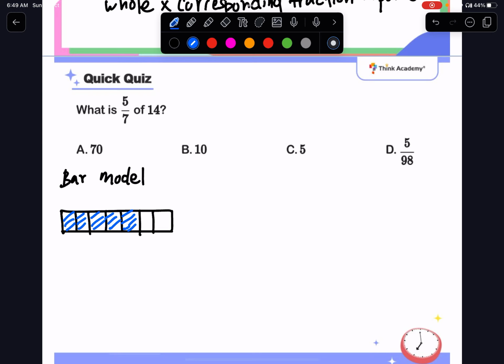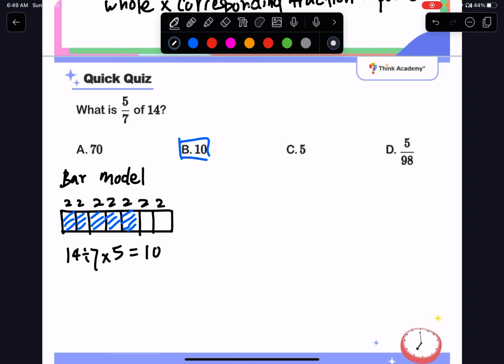Because the whole bar is 14 and you cut it into 7 equal pieces, each piece is 14 divided by 7 equals 2, and you get 5 pieces, right? So you multiply by 5. So the answer becomes 10. So 5/7 of 14 is basically 10.